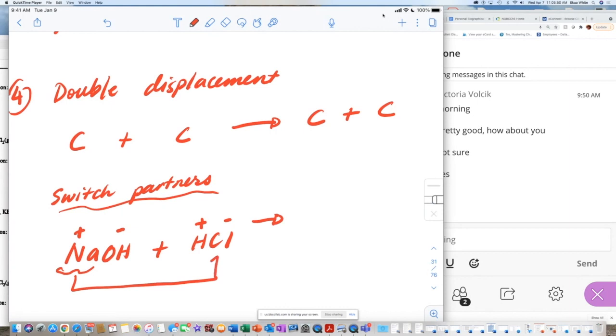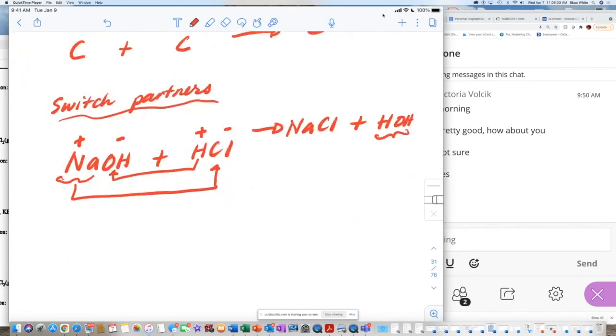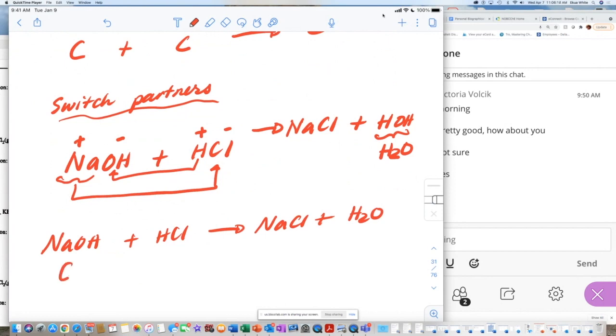Sodium goes off with chlorine, and then hydrogen goes off with OH. So HOH essentially is H2O. Okay? So this is sodium hydroxide plus hydrogen chloride, or hydrochloric acid, to give sodium chloride plus water. Okay? Compound, compound, compound, compound.